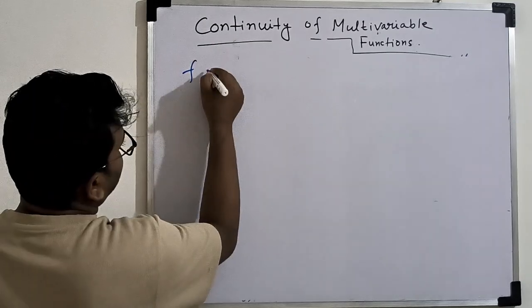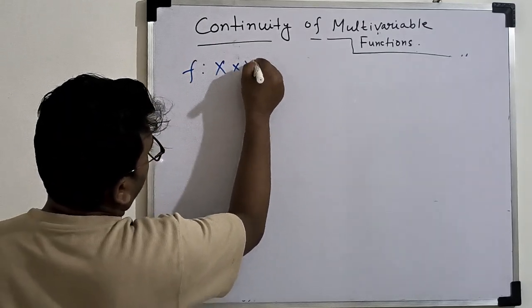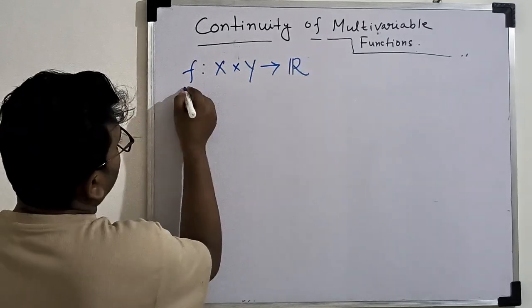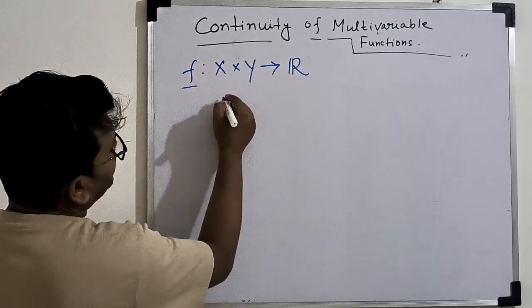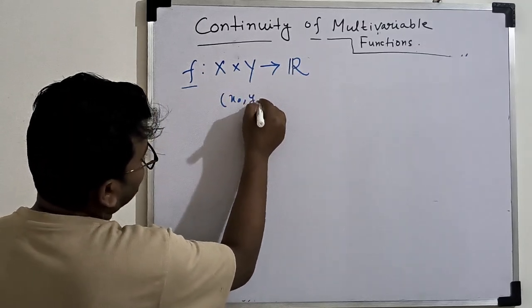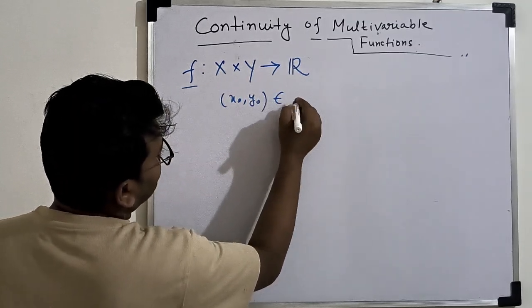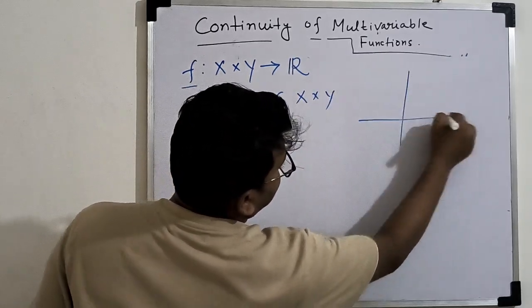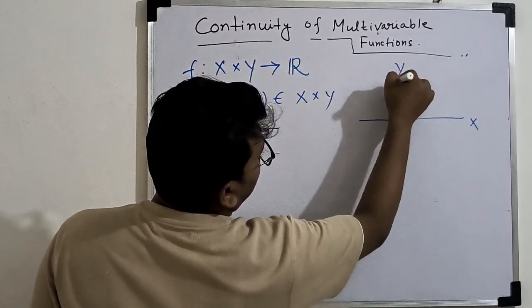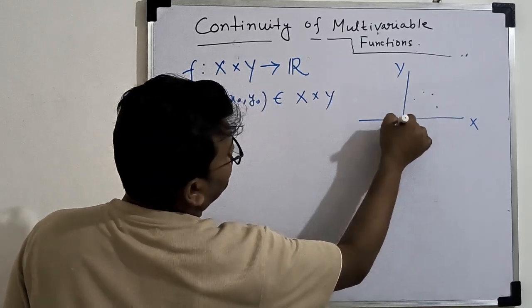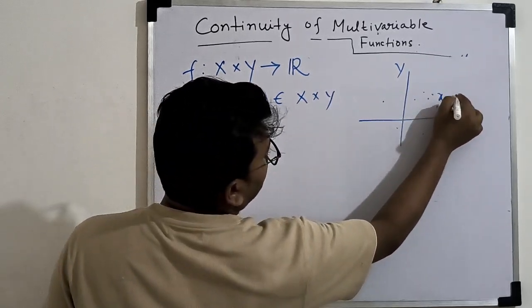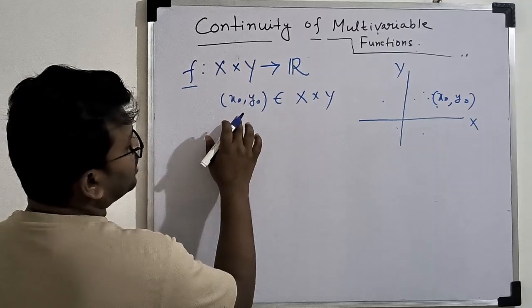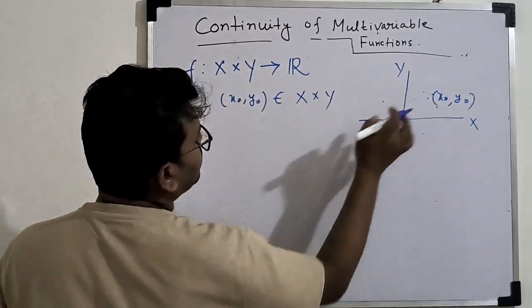So this function from x cross y to r. We say that this function is continuous at x0, y0, that is contained in the domain, that is x cross y. If this is x and this is y, then from here we take a particular point. We define the continuity of a function at a particular point.